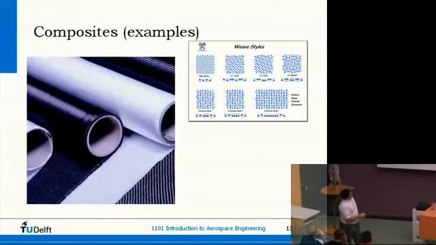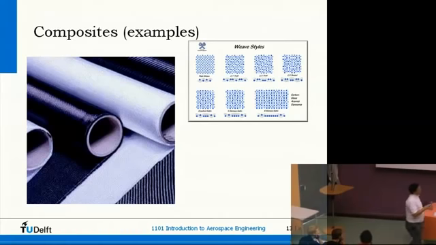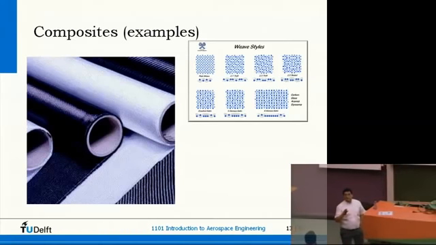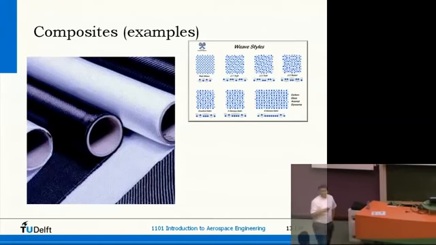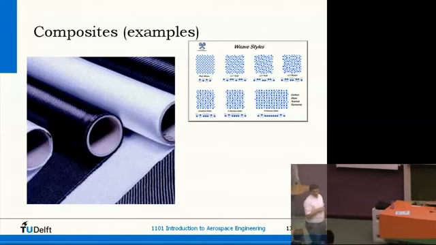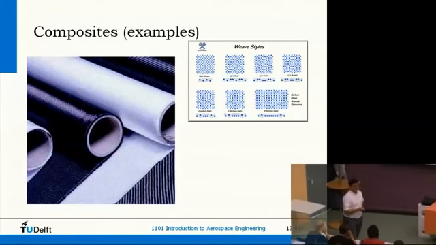But here you see, for instance, a number of these weaves coming from Ten Cate. In many cases, yellow is more or less, for most reasons, if there's no resin to it, aramid, white, glass, black, carbon. So you can recognize most fibers. It's not always true, but as a rule of thumb, you could say so.